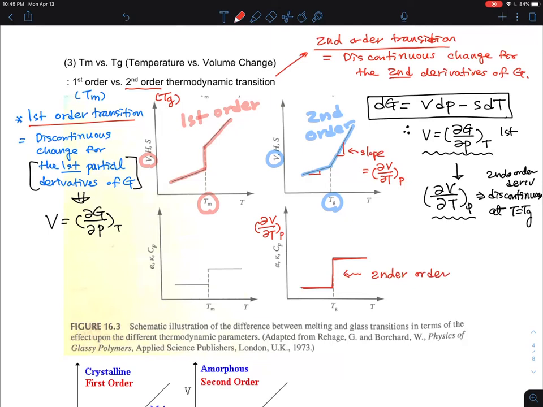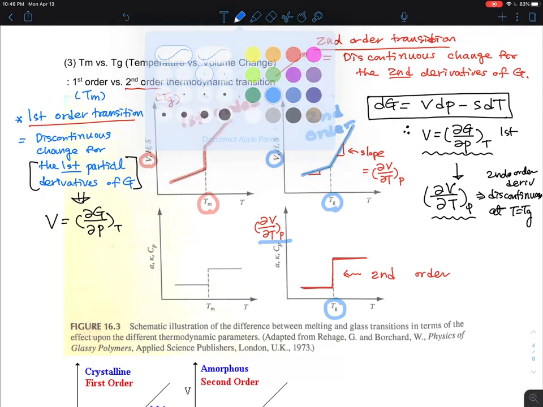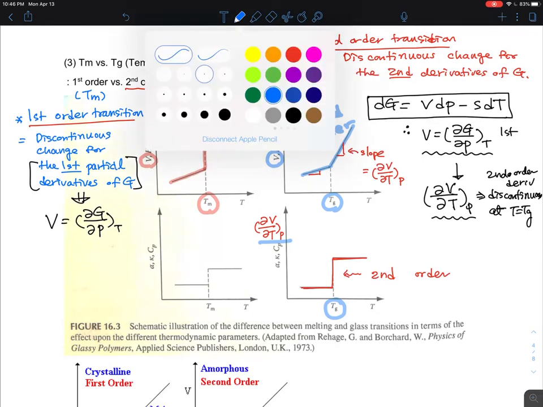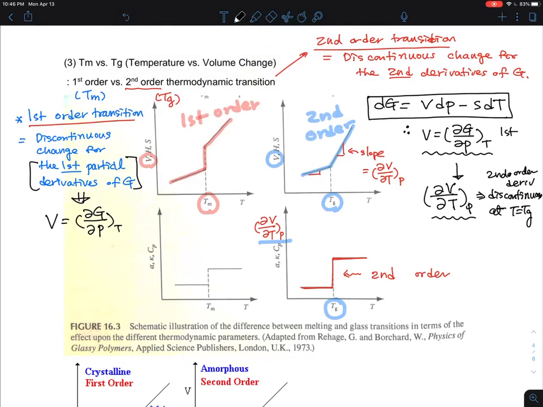Okay, and if you follow the same idea, in here this derivative is a discontinuous second order transition. So going back, the figure on the left is a little bit misleading, and I want to correct this. In here, what about if I take the derivative of temperature versus P? If you do that, this slope is essentially a different slope.